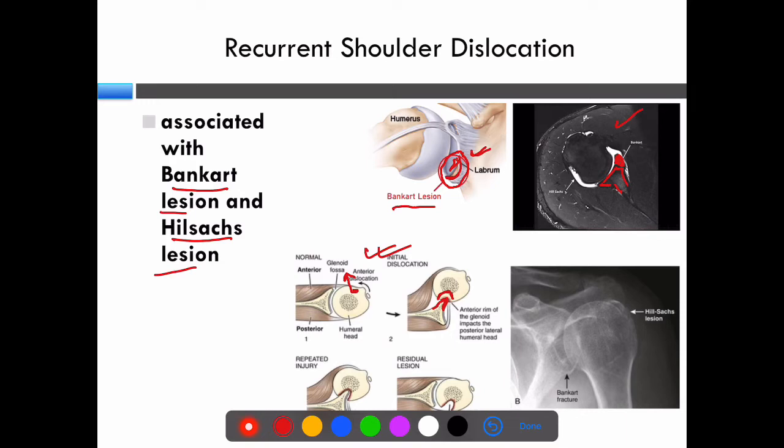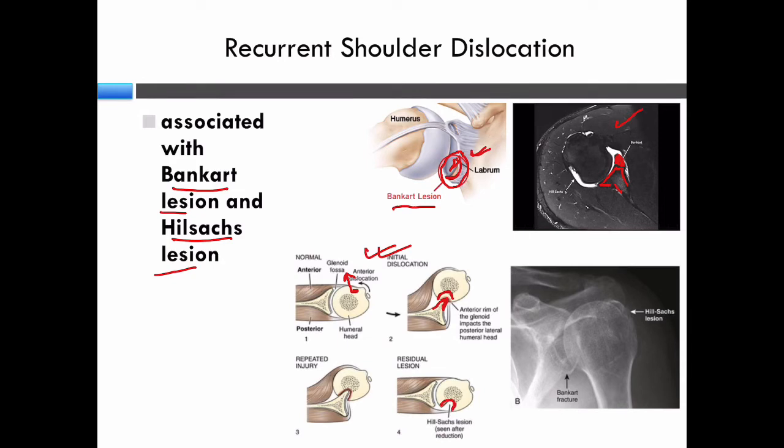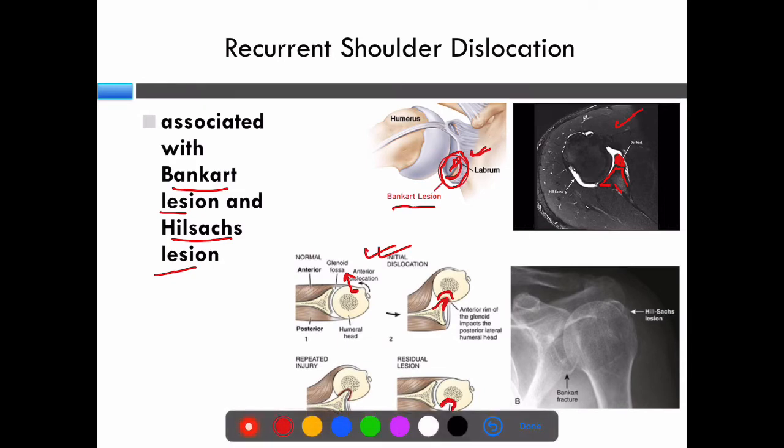When there are multiple dislocations, a large cavity is created on the posterior superior part of the head of the humerus. In the axial cut of MRI, you can also see this. This is called the Hill-Sachs lesion.